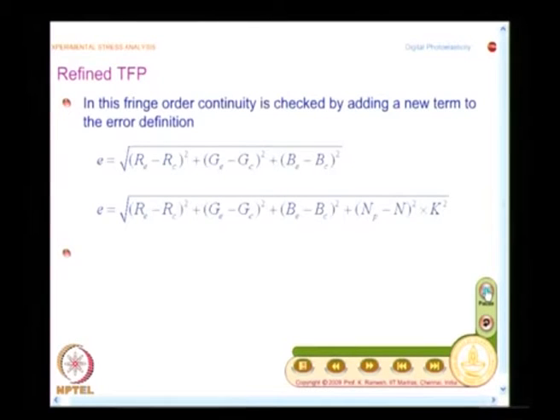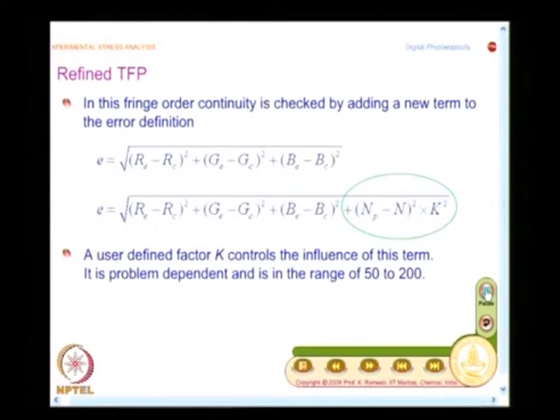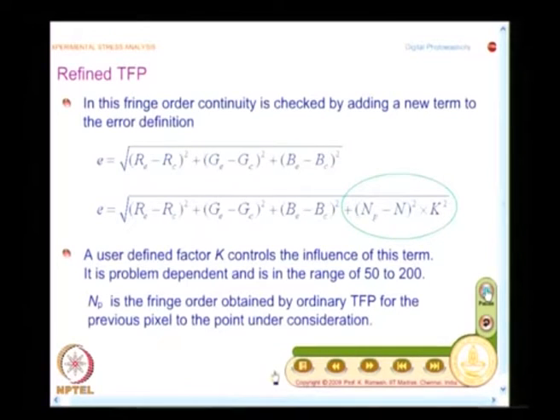and the methodology is like this. This is what you do in the conventional approach.